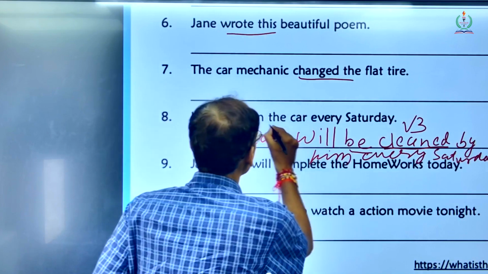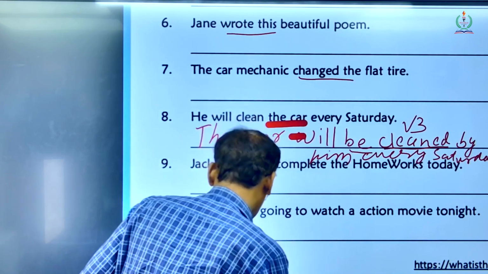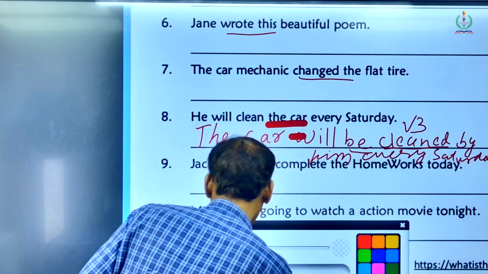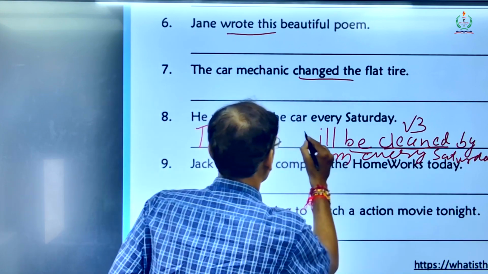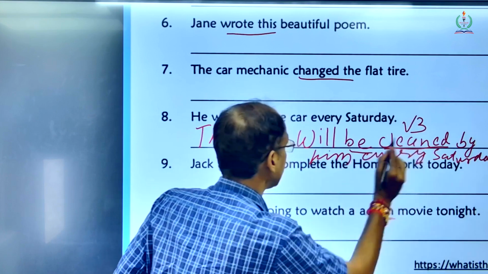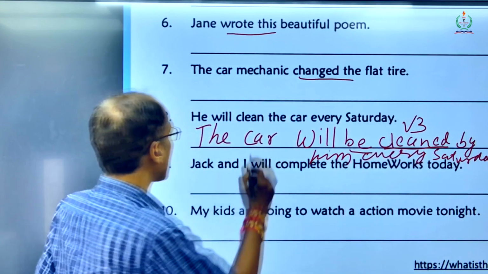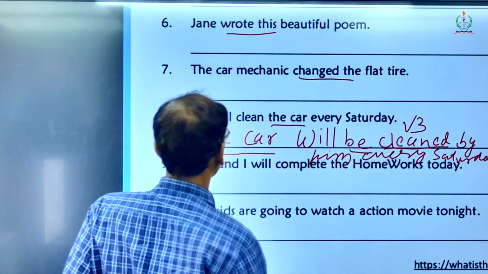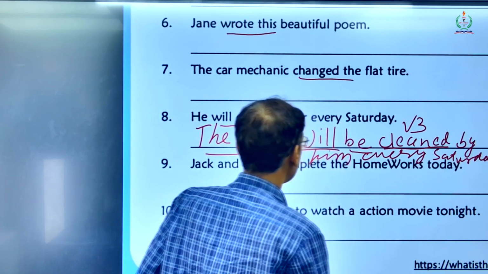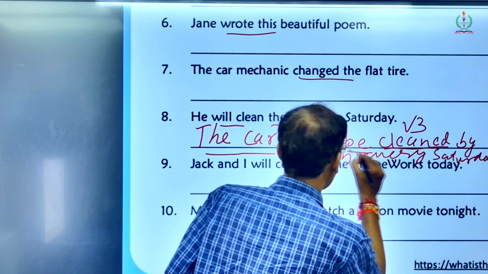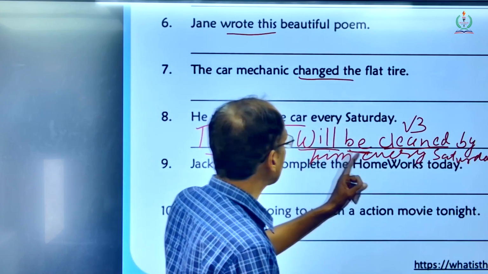Here car, the object over here, the car will be cleaned by him every Saturday. The car, the object, becomes the subject over here, no problem in this. Will, as it is, will be written. Be has to be added as the helping verb, will be cleaned.